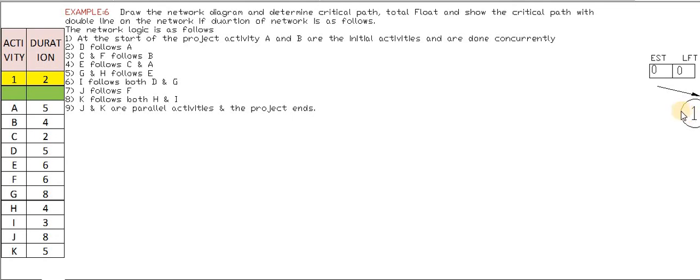So here we will take this. First we will copy this.